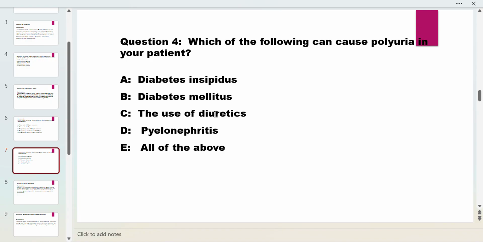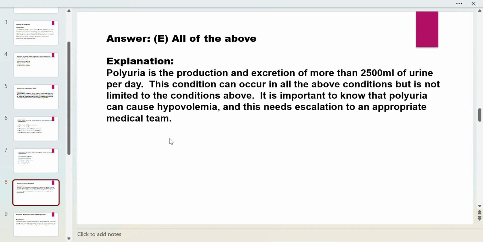Pyelonephritis, this can be with infections of the kidneys, so you can be going to the toilet quite often. So that could be part. And same as diabetes insipidus. So for the question, all of the above seem to be right, and it's explained this for us.